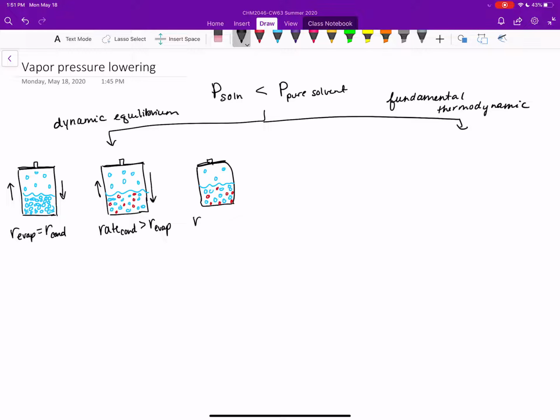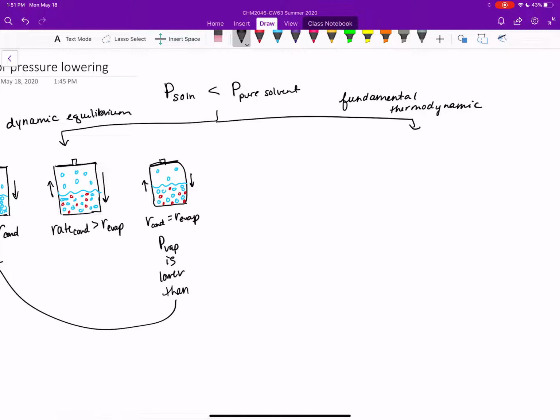Okay, so now I'm back to the rate of condensation is equal to the rate of evaporation, but the vapor pressure is now lower than it was initially over here. Okay. So now I have equivalent rates there. Okay.